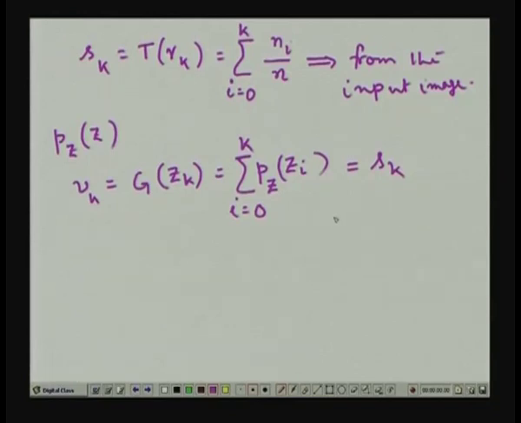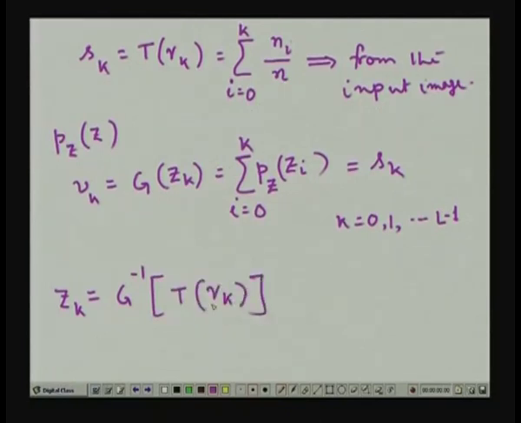This has to be done for k equal to 0, 1 up to L minus 1. And then finally, we obtain the processed image as G inverse of T(r_k). So, this is the discrete formulation of the continuous domain derivations that we have done earlier.